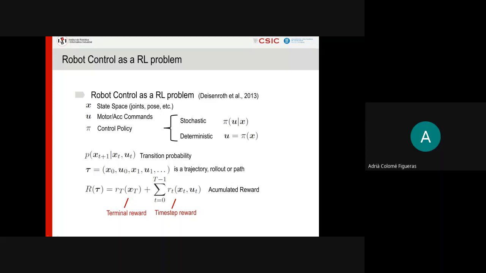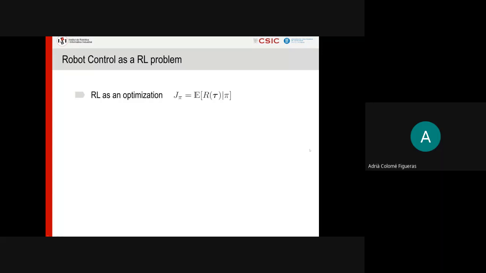But given these definitions, what reinforcement learning is doing is basically optimizing this guy here. So basically, reinforcement learning then becomes an optimization. And this J here is the expectation of the reward function given the policy. So if we find the policy that maximizes this, we will have the policy that on average gives us the best reward, because this is what this equation is giving us.